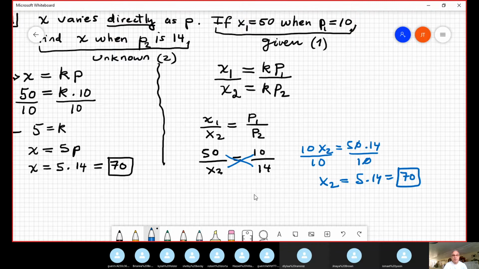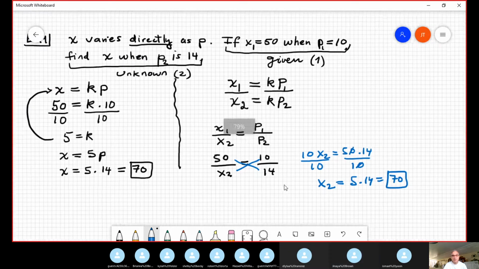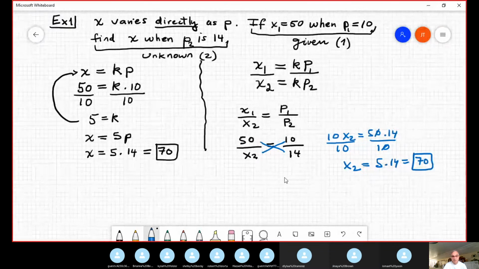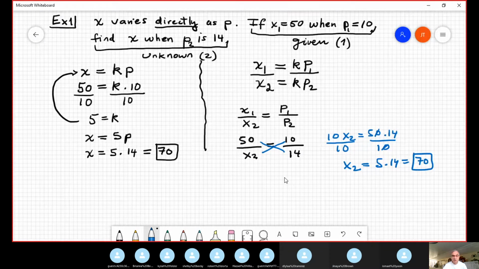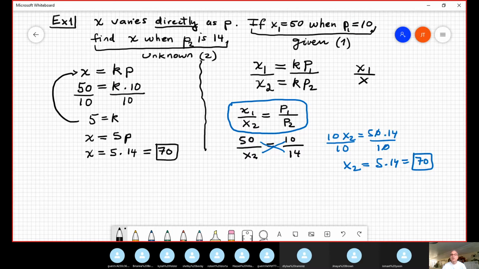What way you prefer? The first way or the second way? First. Honestly. So suppose you prefer the second way, you need to memorize this formula. When there's direct proportionality, the relation is easy to remember because the number is the same: 1, 1, 2, 2. The inverse proportional is different. It's like that: x1 over x2 is equal now to p2 over p1.